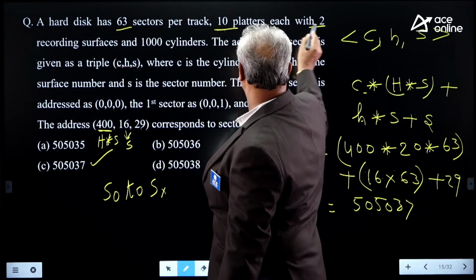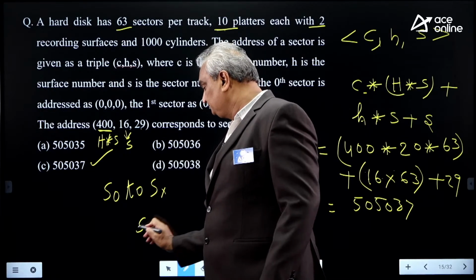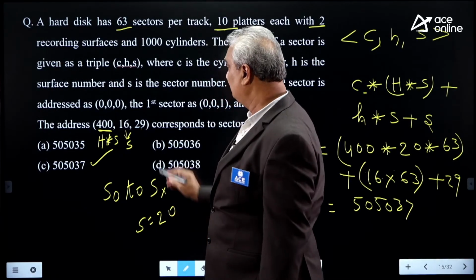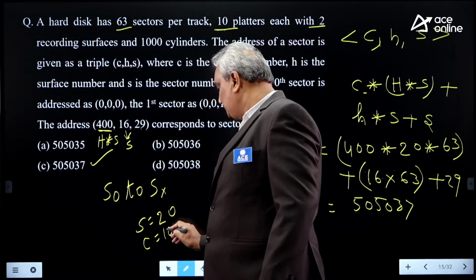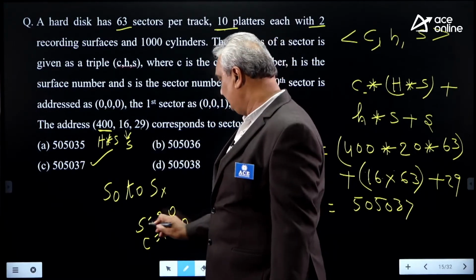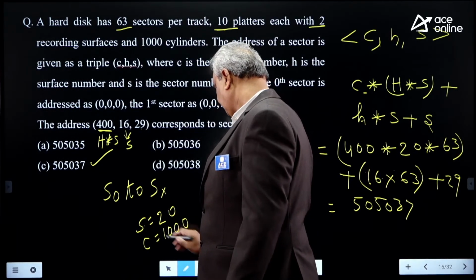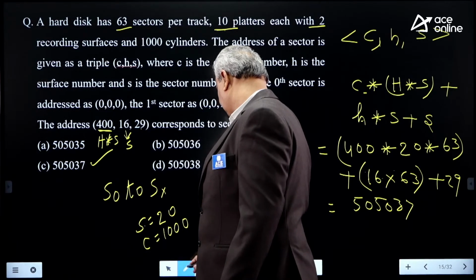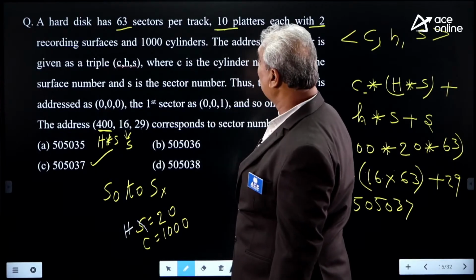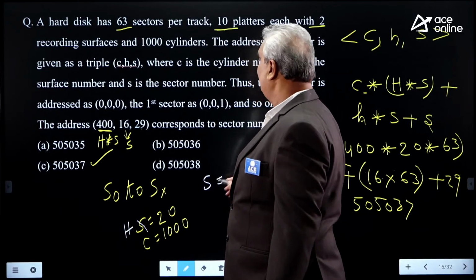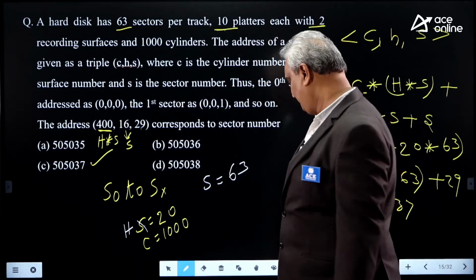Here 10 platters, each with 2 surfaces means total number of surfaces is equal to 20. Next, total number of cylinders is equal to 1000. Next, total number of sectors is nothing but 63.